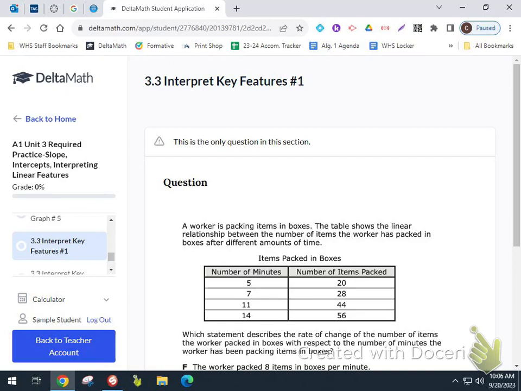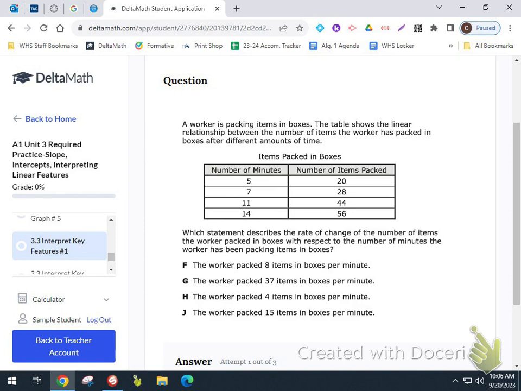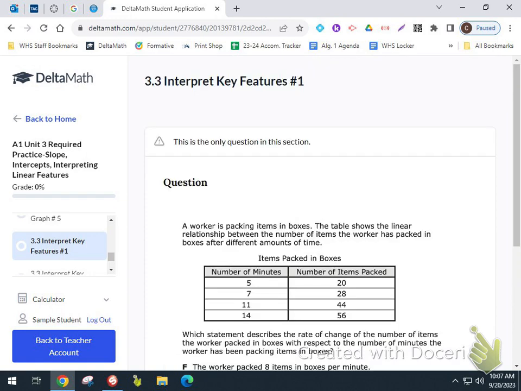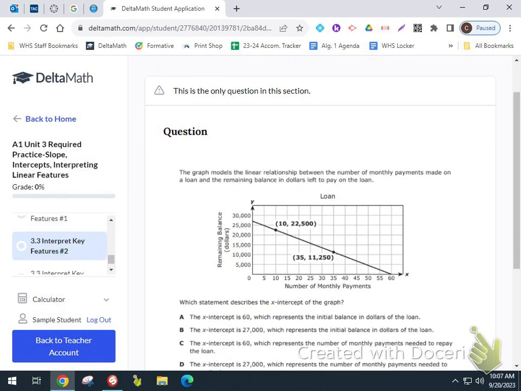They're star questions, okay? So don't just guess. Actually read what it's talking about. Read what it's asking you to interpret. Which statement describes the rate of change? Oops, I didn't mean to move that. Rate of change. So you're describing the slope, okay? And then the other ones are going to be describing intercepts and stuff. I think this one is which describes the x-intercept.